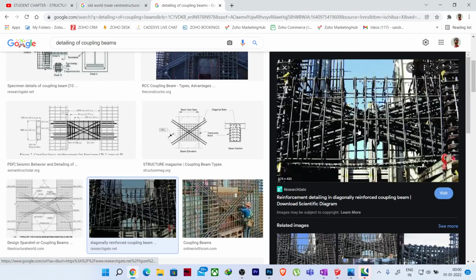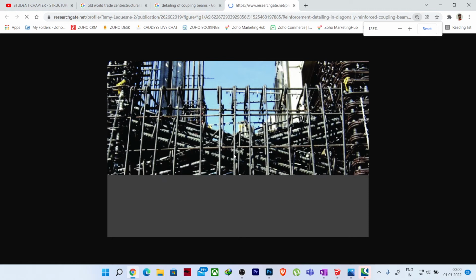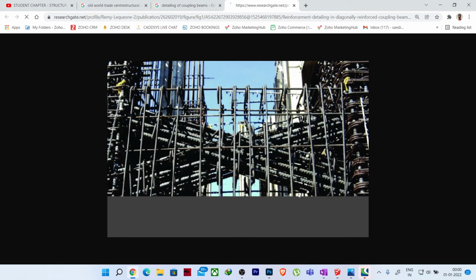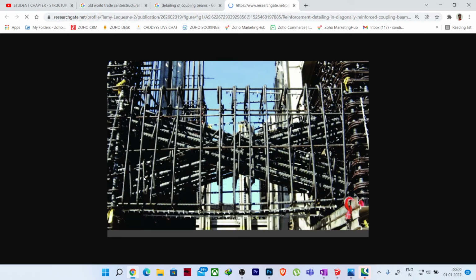If I show you some images, this image you can see, let me open it. You can see how cumbersome and clumsy it is to provide this kind of reinforcement, and how hard it will be to pour concrete for this particular beam.